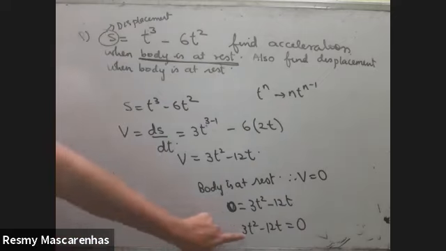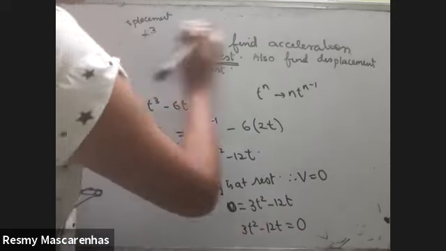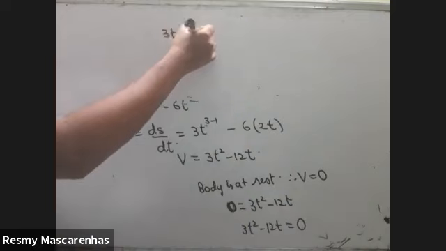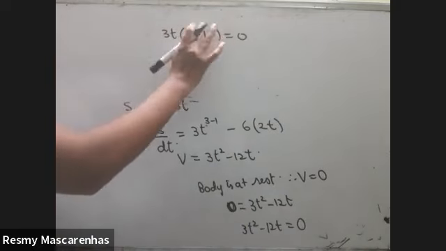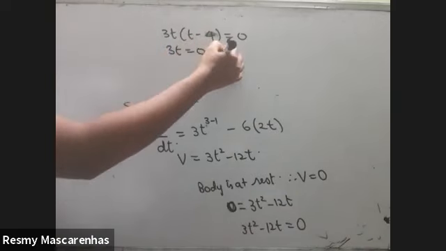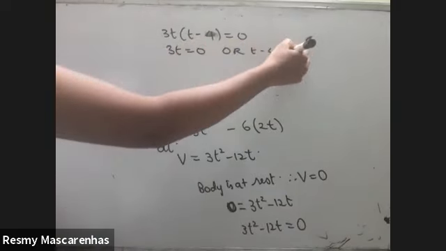And now take out whatever is common between the two terms. So 3t is common. So what we'll get: either 3t equals to 0 or t minus 4 equals to 0.